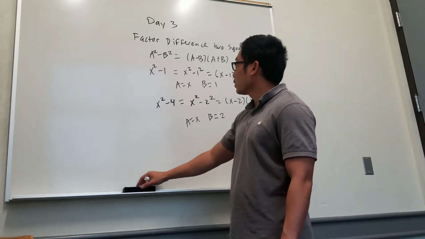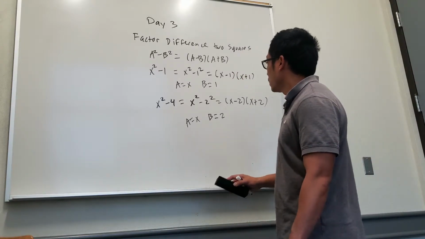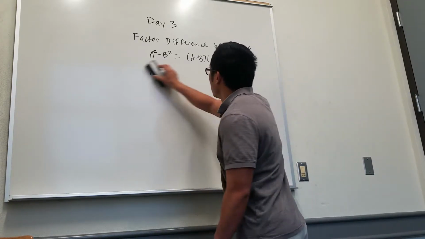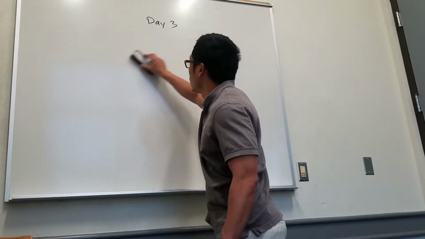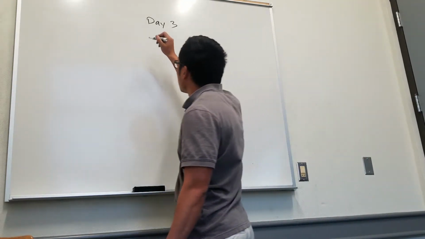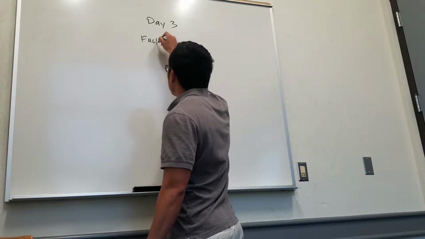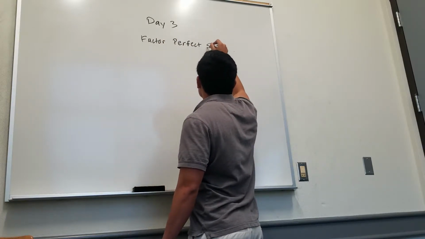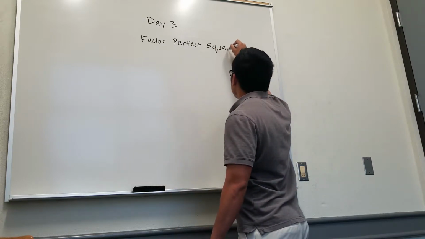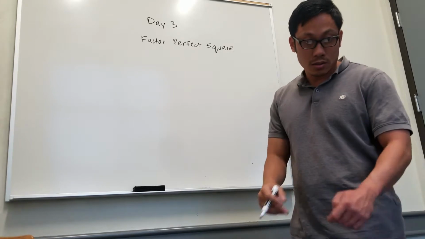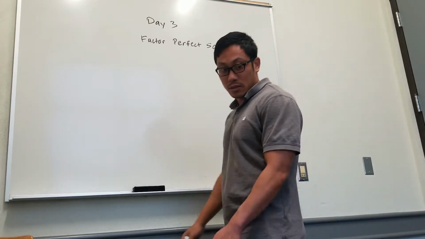So we just learned factor difference of 2 squares. Now we're going to move on to the next topic, which is going to be factor perfect square. So we have this.